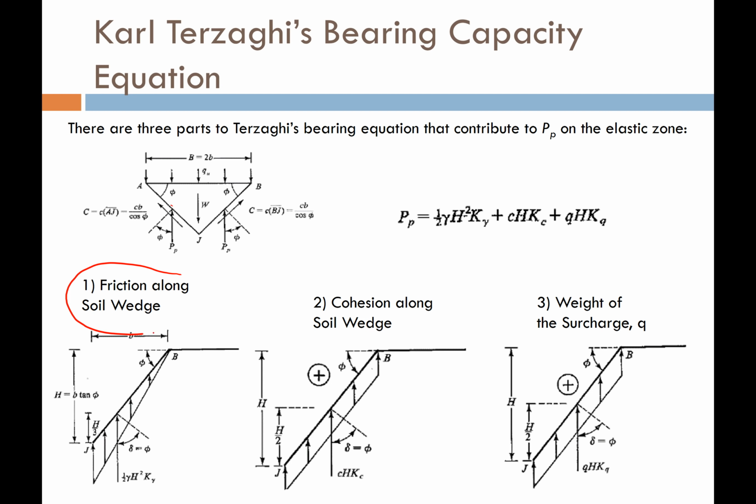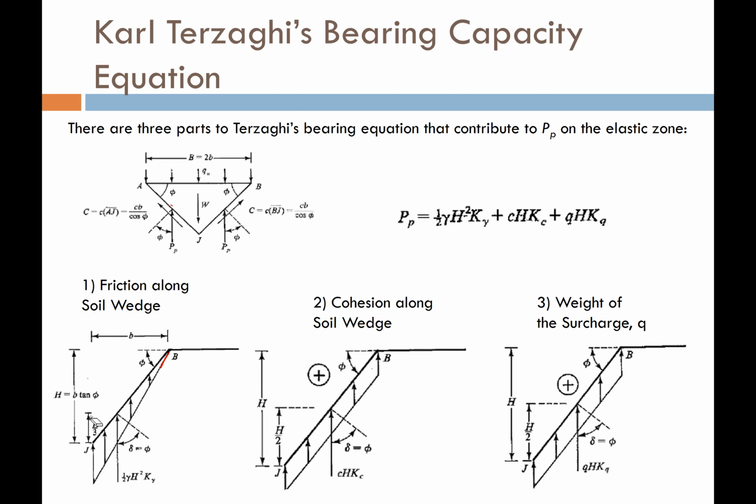The first component is friction along the sides of our elastic zone. Because friction is a function of the effective stress, and effective stress increases with depth, what we tend to see is that the friction along this failure plane increases with depth.